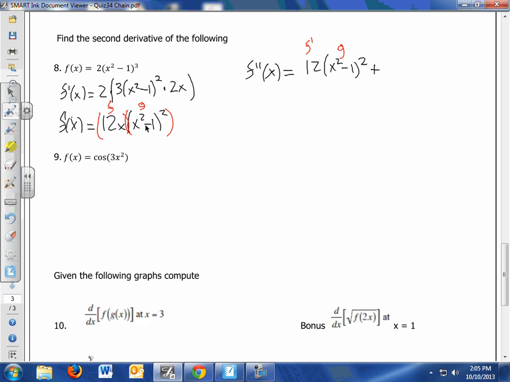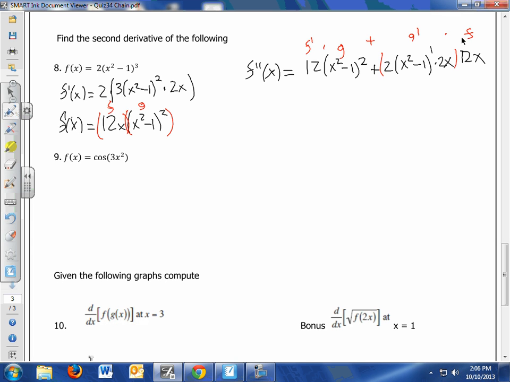Take the derivative of the outside function, which is a big X squared. That's 2 times the big X, which represents x squared minus 1, to the first power, times the derivative of my inside, okay? And that's all G prime. All of this is just G prime. But I have to remember, using the product rule, I have to multiply that by F. So this is F prime G plus G prime F. F in this situation is 12x.